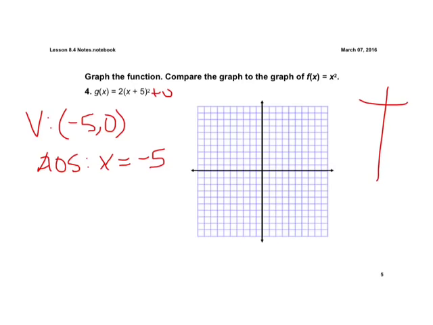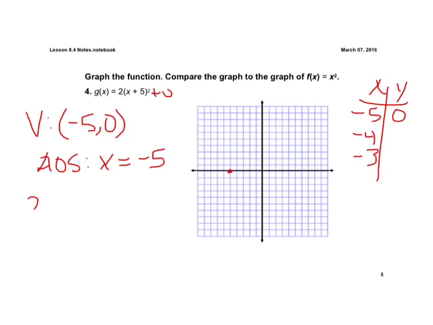Now our xy table, we're going to plug in -5, 0. So if we go ahead and plot that, -1, 2, 3, 4, 5, put our point right there at -5, 0. We're going 2 to the right, so -4, -3.